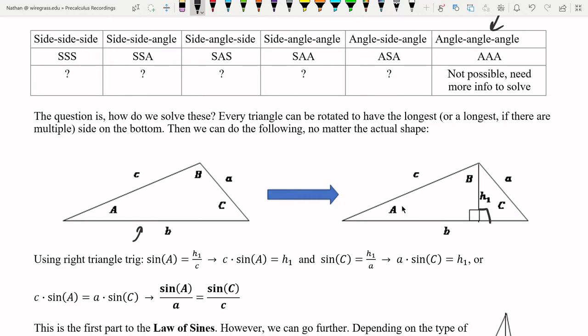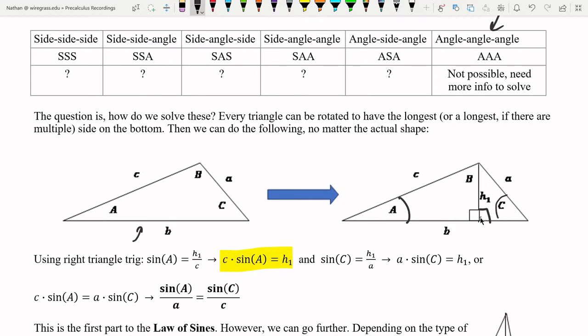Well, we can use the fact that sine of A is going to be opposite, which is now this height here, h1, over hypotenuse. That's going to be C here because the hypotenuse is always opposite the right angle. That gives us, just rearranging it a little bit. And then we can take sine of this angle, C. The opposite of this angle is now h1, as you can see here.